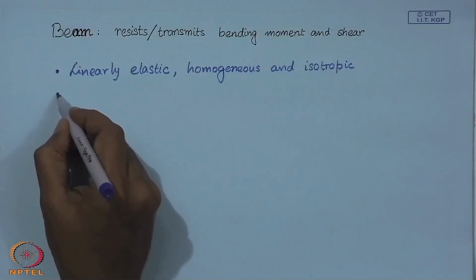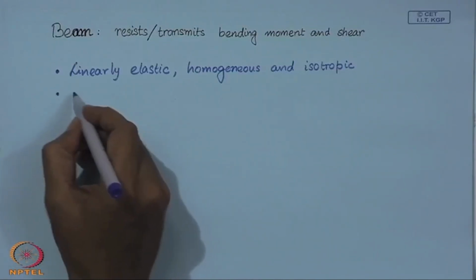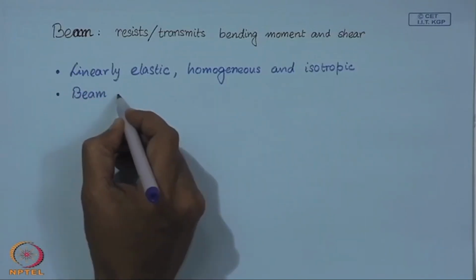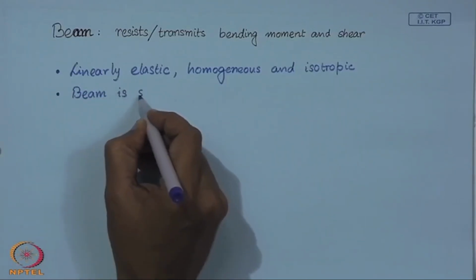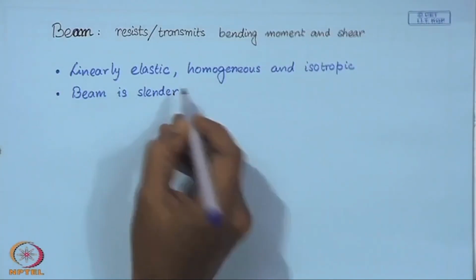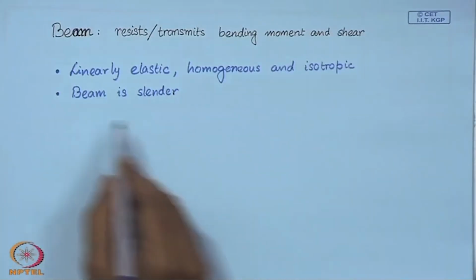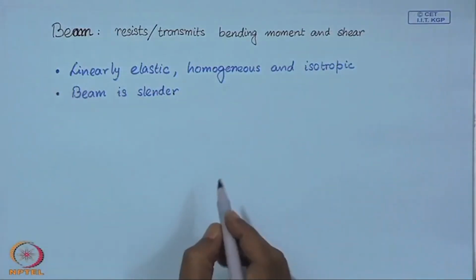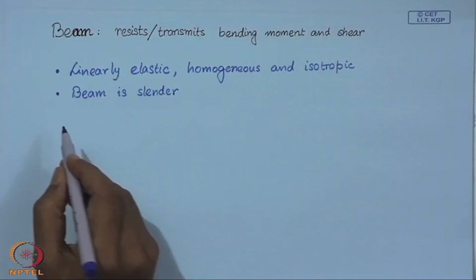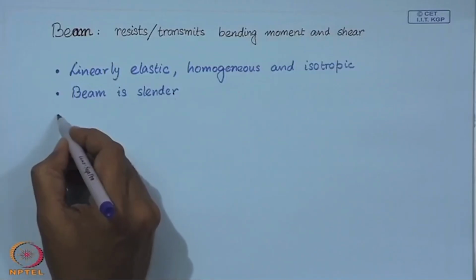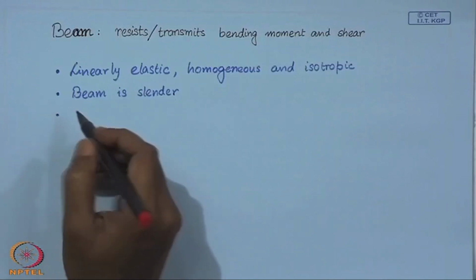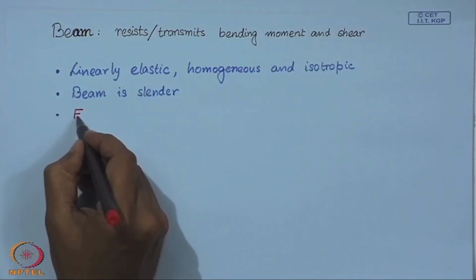The second assumption that we make is that the beam is slender. In today's lecture, this will be an important assumption, under which there is this well known Euler-Bernoulli hypothesis.